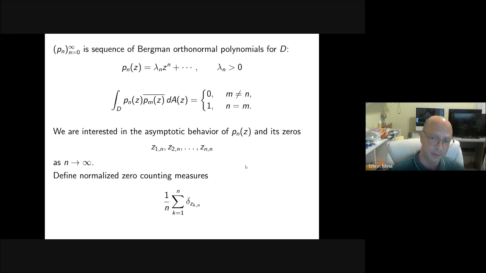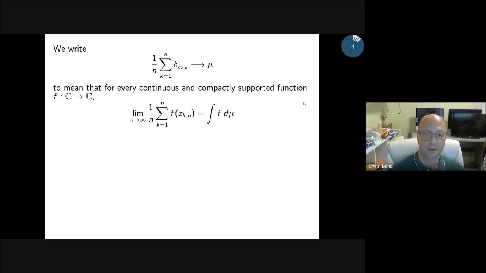And by the way, you can interrupt me at any time with any questions. We're going to write that the normalized zero-counting measures converge to a measure mu in the sense of weak convergence of measures.